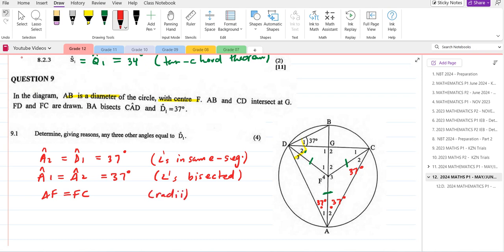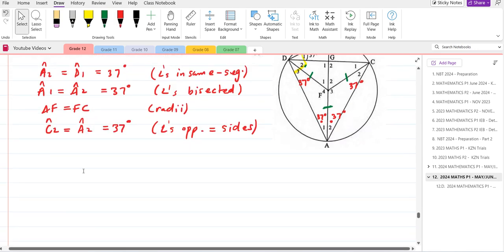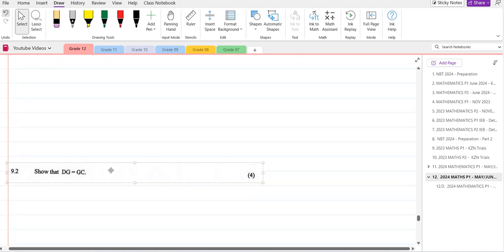So angle C2 is equal to angle A2, which is equal to 37 degrees, angles opposite equal sides. I can find more, which is C3 is also 37, by saying DF equals AF, radii. Perfect, nice question. We got three angles there already.